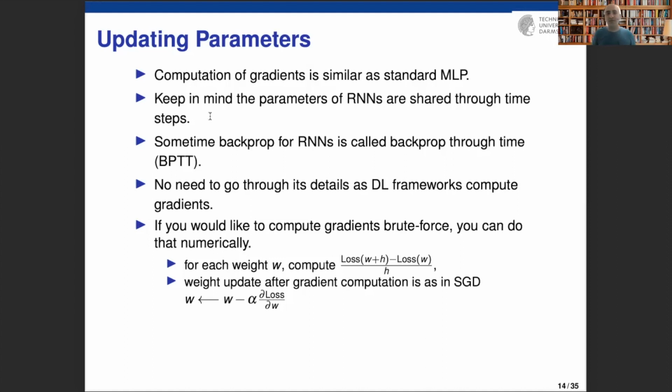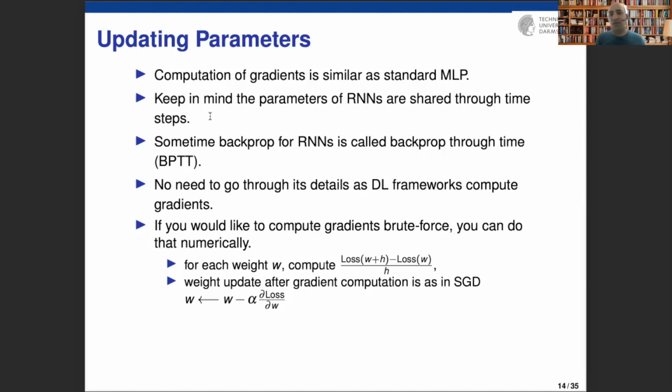We don't need to go through the details of calculating the gradients here, as deep learning frameworks compute the gradients for us. But if you would like to compute gradients by brute force, you can do that manually.